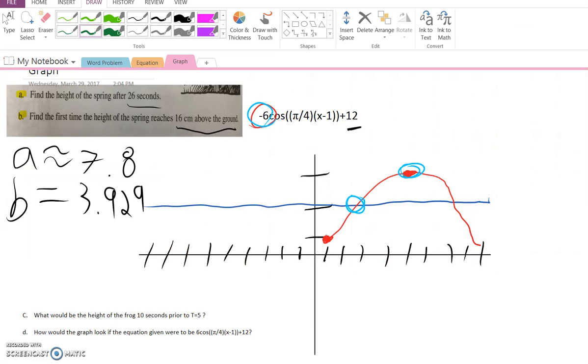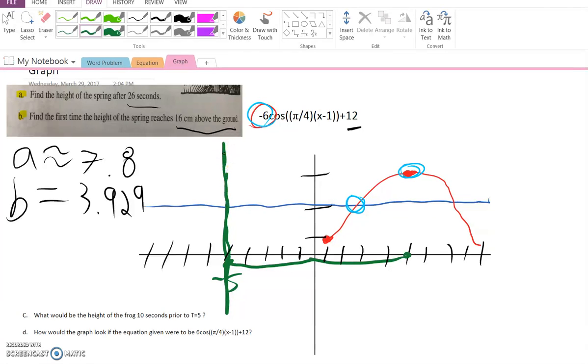Part C is asking what would the height of the frog be, basically, 10 seconds prior to T5. We have T5 right here, and we want to go 5 seconds before, and then another 5, which is going to leave us on -5. We want to know what the height would be once we get here.